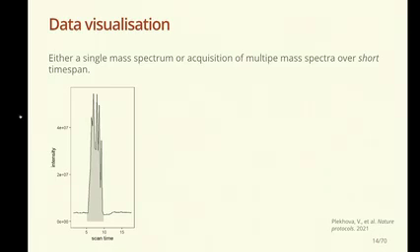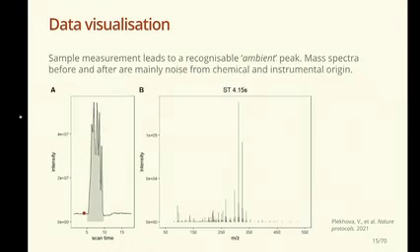So you use an ambient source to analyze a sample, and you'll get what you would say is a chromatographic peak, but it's not really a chromatographic peak. It's more an ambient peak, where we'll acquire a couple of mass spectra over a very short amount of time, typically for sure less than a minute, and even close to 15 seconds, with then an ambient peak profile.